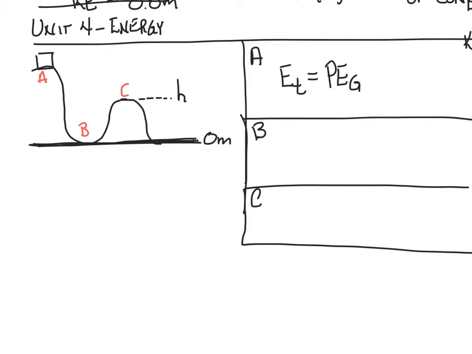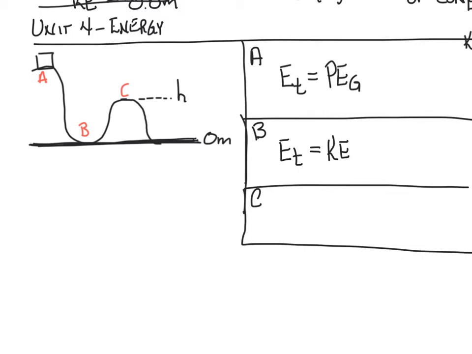Let's do position B. In position B, your only energy is kinetic, with reference to ground. If you tried to add gravitational potential energy, the h value would be 0. So there is no gravitational potential energy at position B.